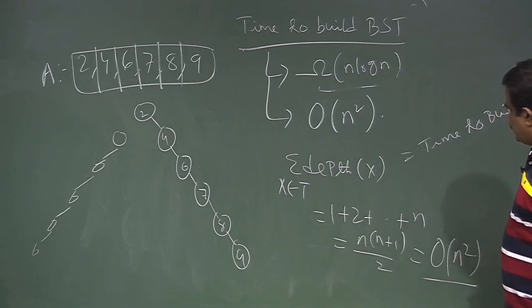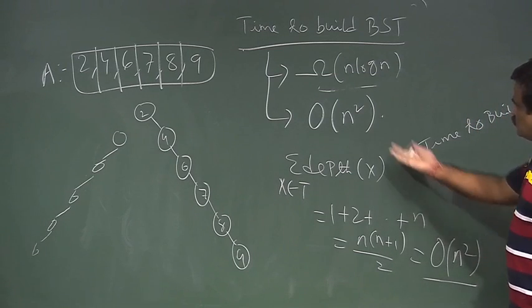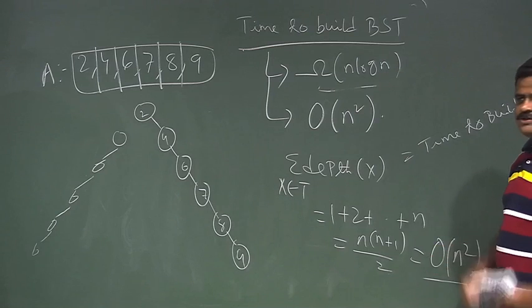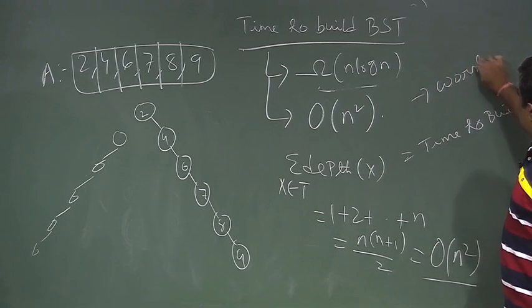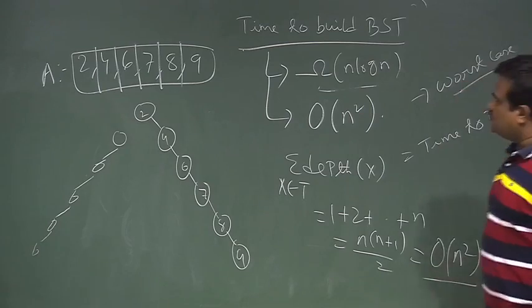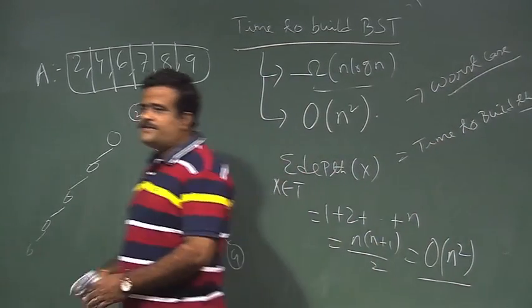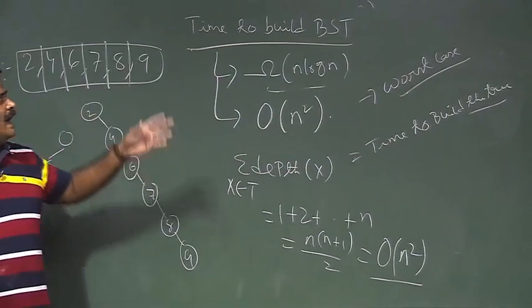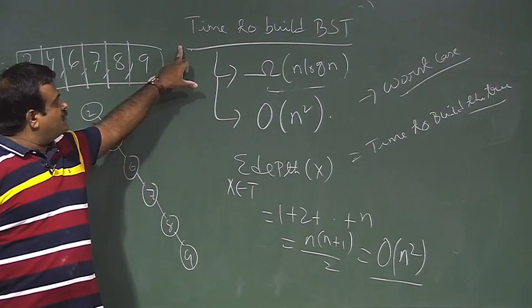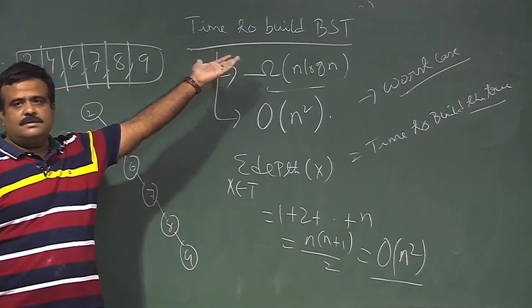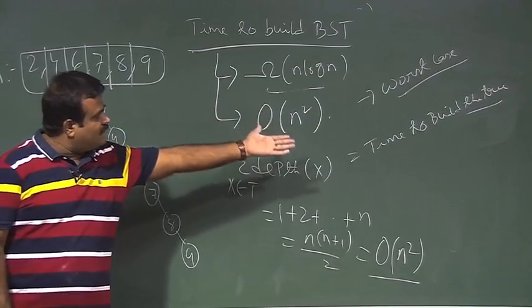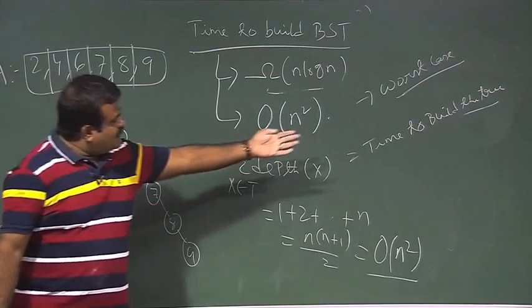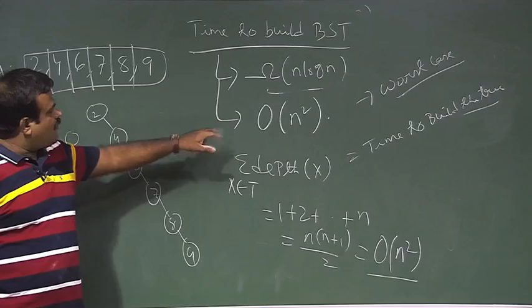So, this will be the time for BST sort, because inorder traversal will take linear time, and building the binary search tree takes the major time, which is order of n square.